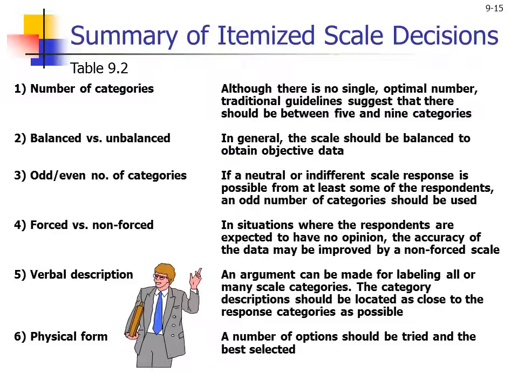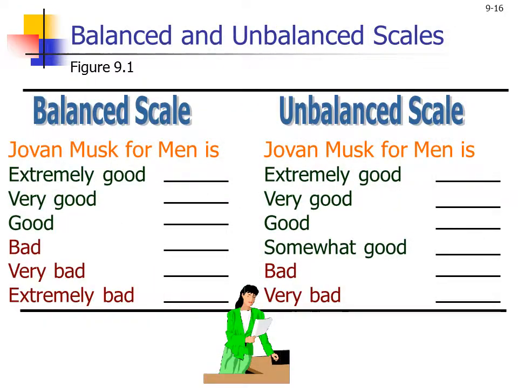Every one of these items has some characteristics and important points for understanding and explaining the itemized scales section. Then in this table we have a comparison between the balanced scale and the unbalanced scale.